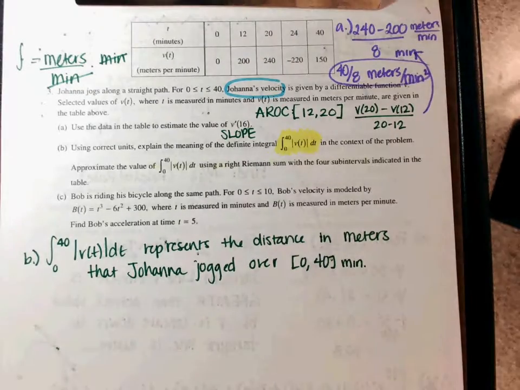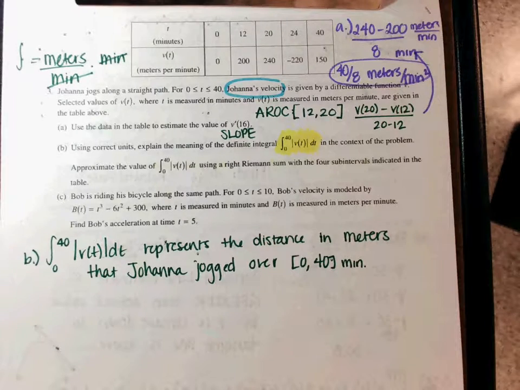Now, when it asks you to do a right Riemann sum, what do you need to be careful about? Look at your chart. Are there any negative numbers in there? Yes, and when you have absolute value bars around it, you need to remember to turn those positive. Do we have the same delta x each time or changing delta x?